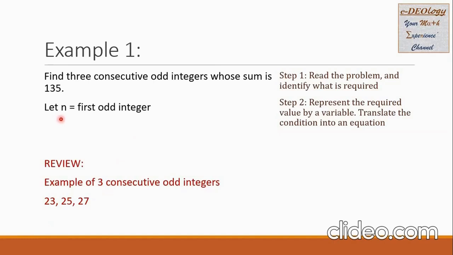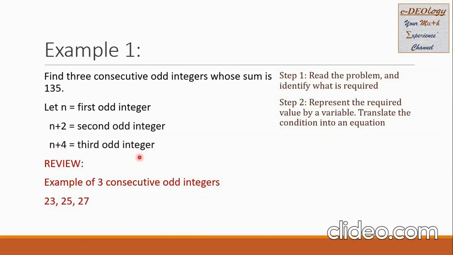Let n be the first odd integer. And for the second odd integer, we will write n plus 2. As we see here in the example, the difference between one odd integer to the next is 2. So we will put here n plus 2.